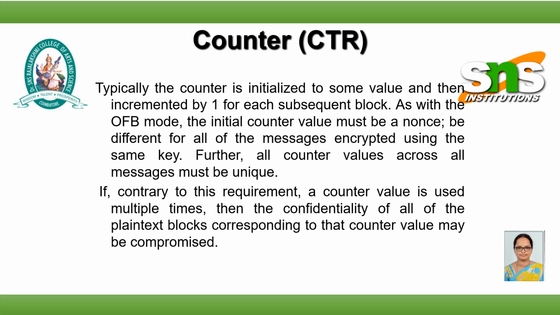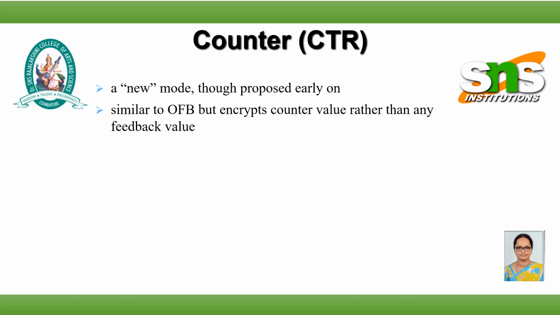In this mode, the initial counter value must be a nonce, different for all messages encrypted using the same key. Further, all counter values across all messages must be unique. If a value is used multiple times, then the confidentiality of all the plaintext blocks corresponding to that counter value may be compromised.